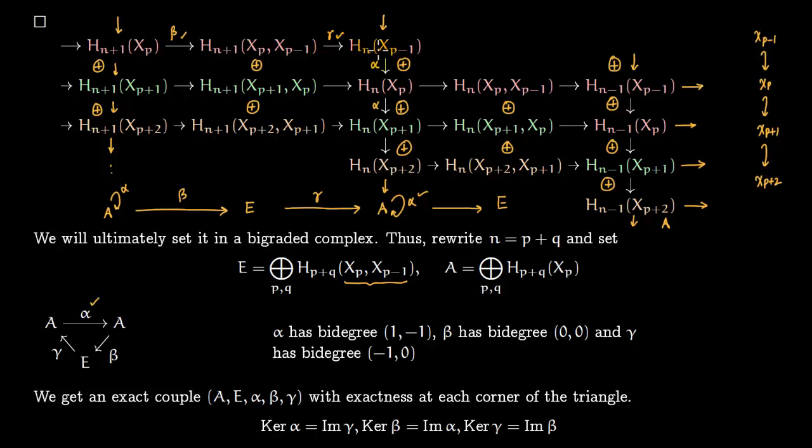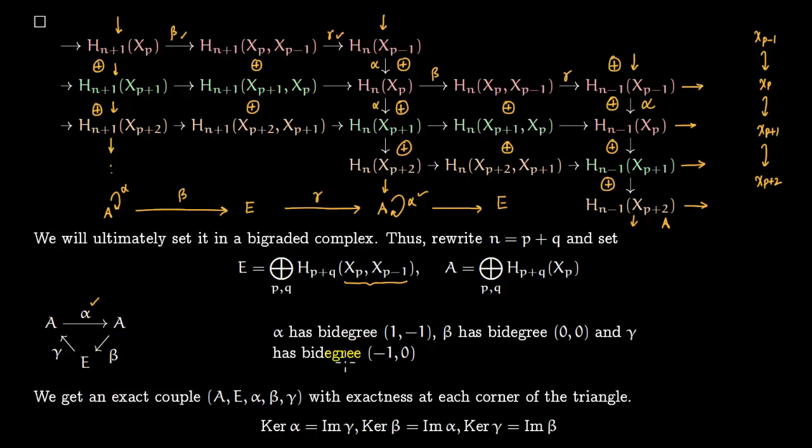First you apply this map, then this map, then you have to work with this map, then this map. So the standard is you first apply alpha, then beta, then gamma, then alpha. So alpha, beta, gamma, alpha, beta, gamma, alpha. That's how you get this exact couple.